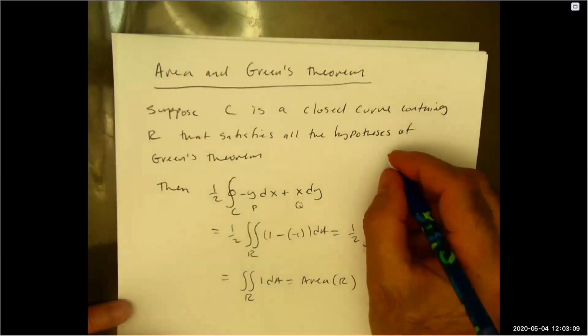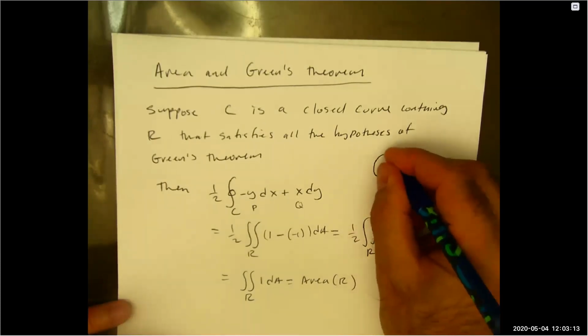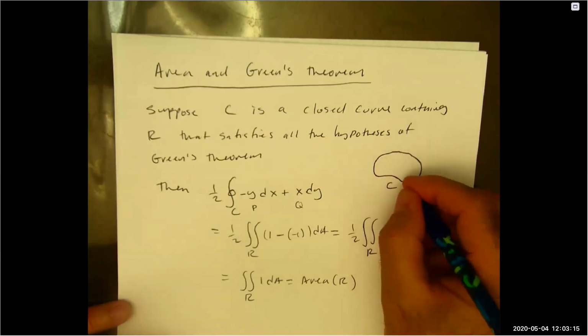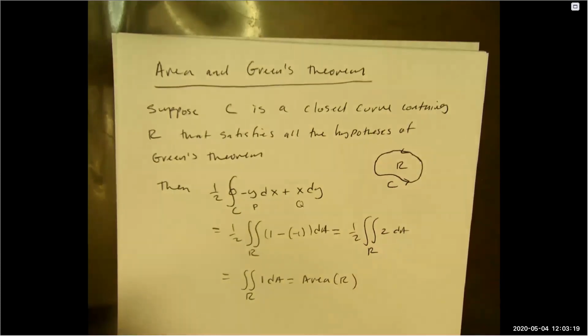And so we have, this is your C, and this is R, and we can use this to find the area of the region. And so we actually have 3 different area formulas.